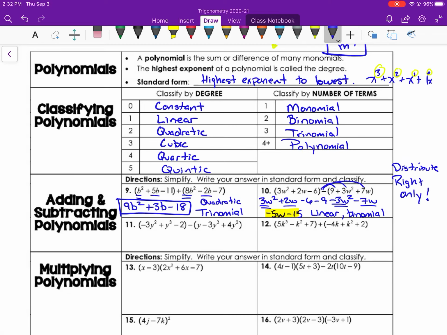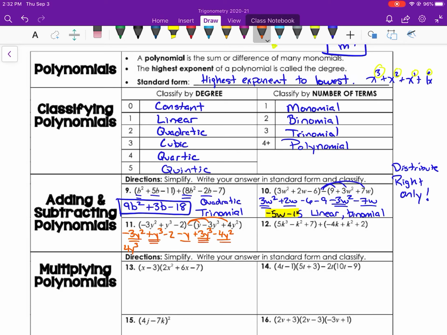Alright, change colors here so it's not all jumbled. Number 11, again, distribute that negative through. Rewrite what you have. 2 lines, 3 for the cube, 1, 3, and 2. Highest exponent first, I have 1y cubed plus 3y cubed, which gives me 4y cubed.